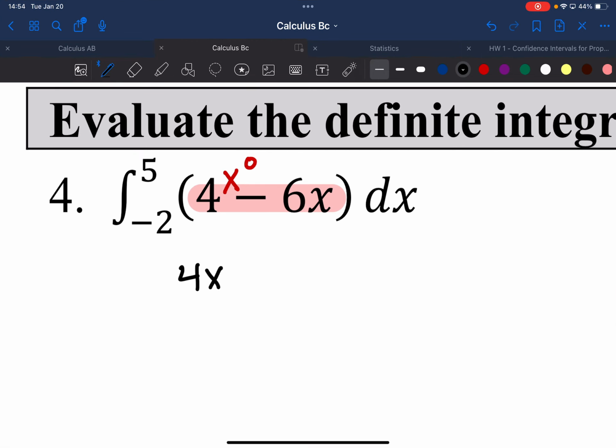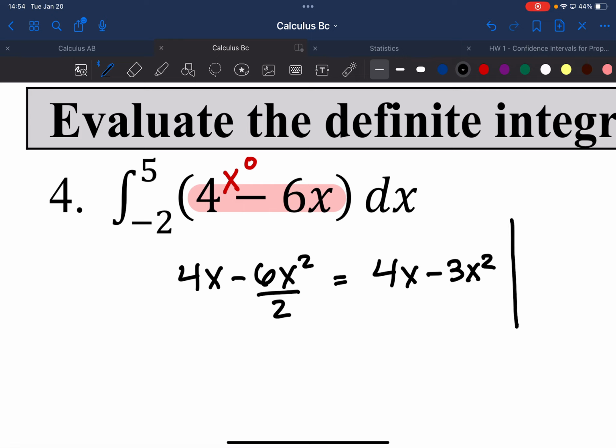Good, so if I add 1, this is negative 6x squared over 2, and I can simplify that to be minus 3x squared. Once I find my antiderivative, I'm going to draw a vertical line, and this stands for solved at. So I'm going to take the antiderivative solved at negative 2 to 5.